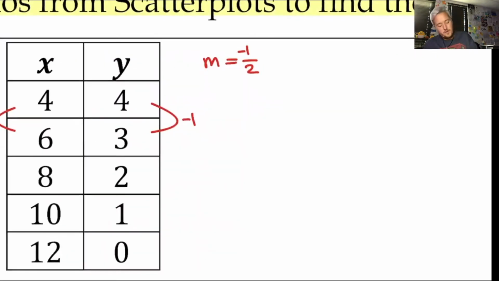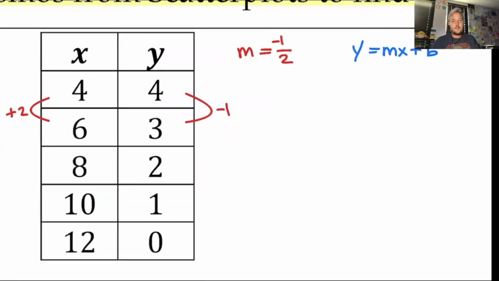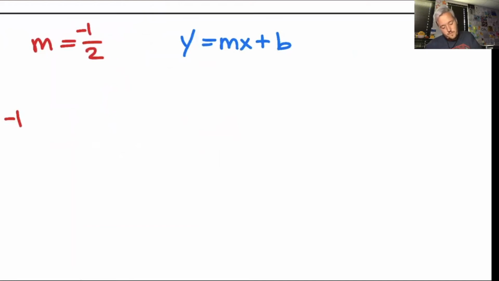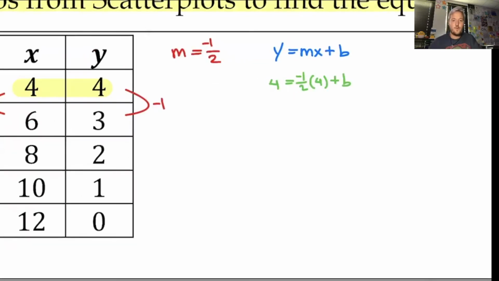Now I'm going to start with slope-intercept form. I'm going to plug in an x value, plug in a y value from a coordinate. So I'm just going to choose 4, 4. It doesn't matter which one you choose. And then I'm going to plug in my slope, which is -1/2. So I have 4 equals -1/2 times 4 plus b. Now I want to solve for b.